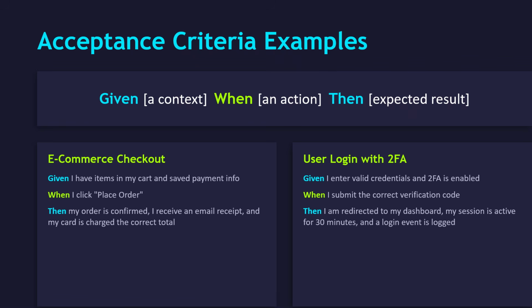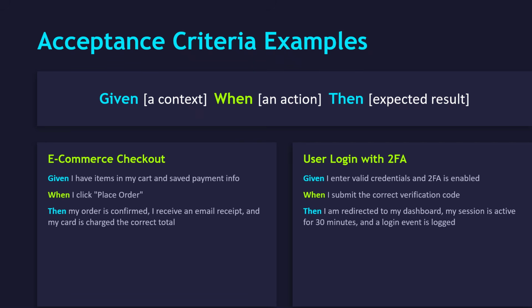Now that you know the user story formula, let's talk acceptance criteria, the secret weapon that makes your stories testable. The format is given, when, then. Given sets the scene. When is the user action? Then is what should happen.